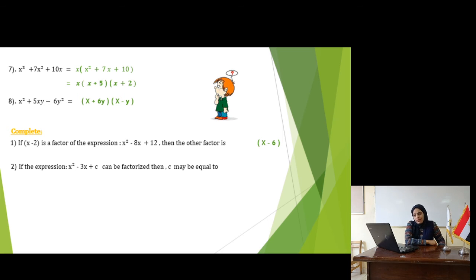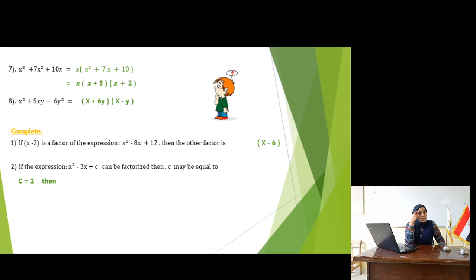Number 2, if the expression x power 2 minus 3x plus c can be factorized, then c may be equal to. Here I need to search for the value of c. We have the trinomial x power 2 minus 3x plus c. Search for two numbers, the product of them is a number and the sum is 3.